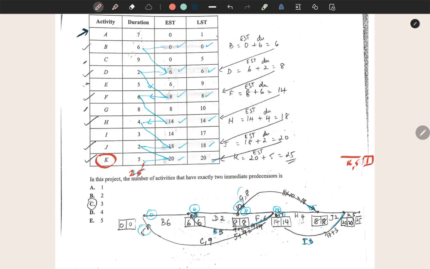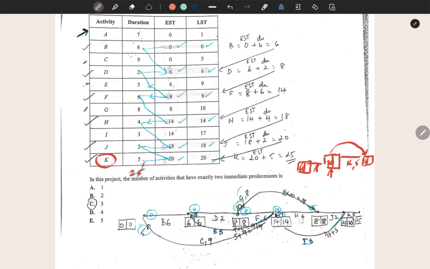The earliest start time at the end of it was 25, and its earliest start time was 20. So 20 plus 5 gave you 25. Now, in order to find the previous activity, we should find the earliest start time which, when added to the duration of that activity, gave you 20.